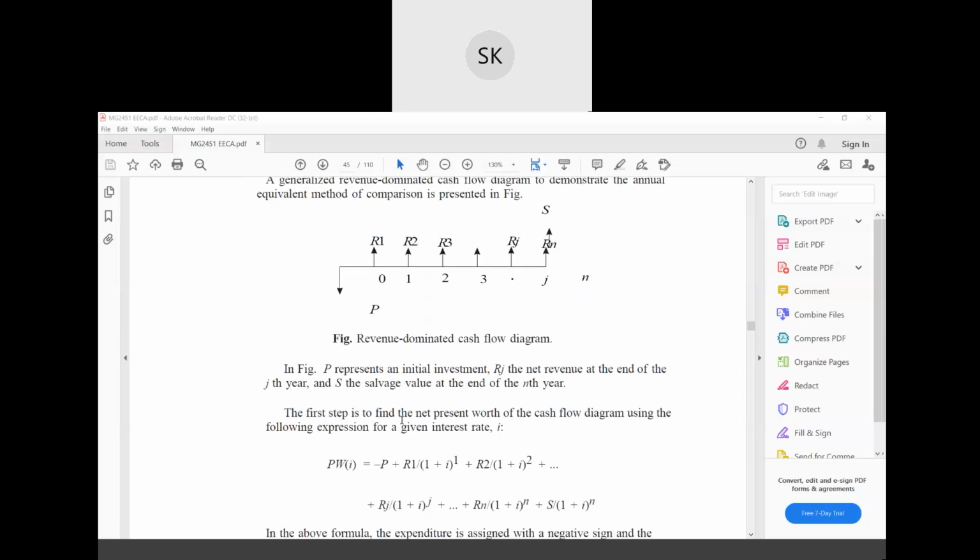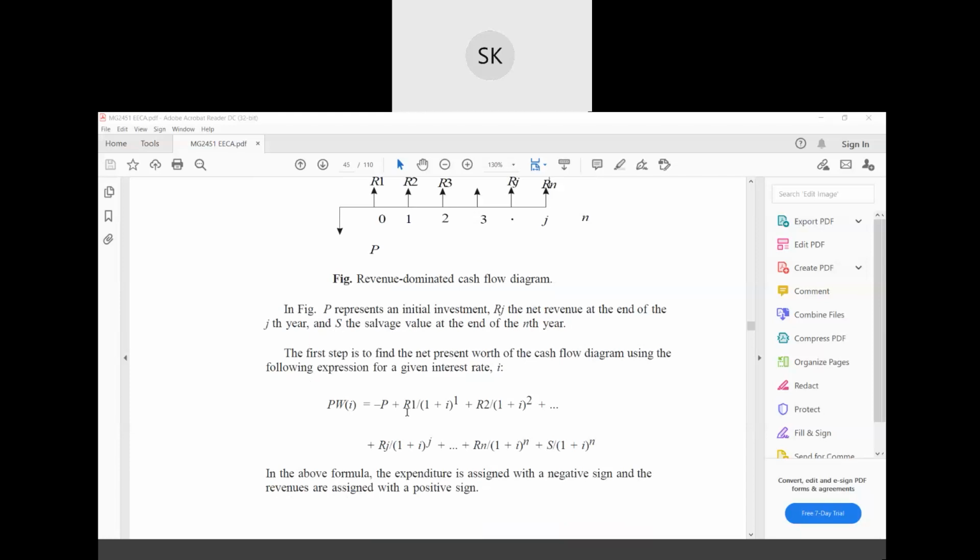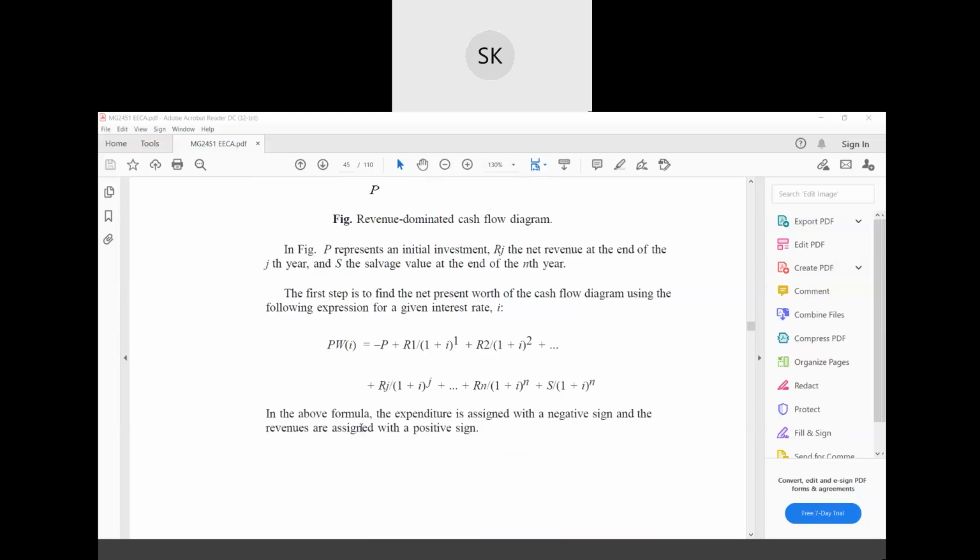Now the first step is to find the net present worth of the cash flow diagram using the following expression. We have come across the present worth method, right? The procedure in this method is to find out the present worth. With the same formula, they have found out the present worth of the alternative.